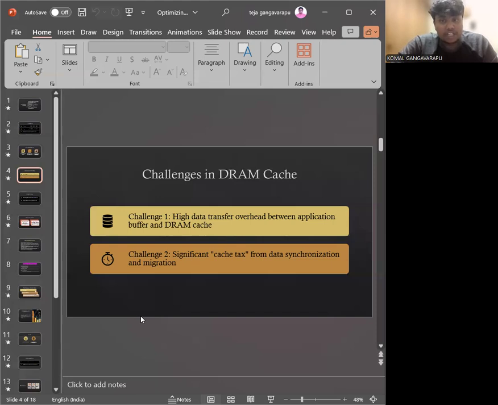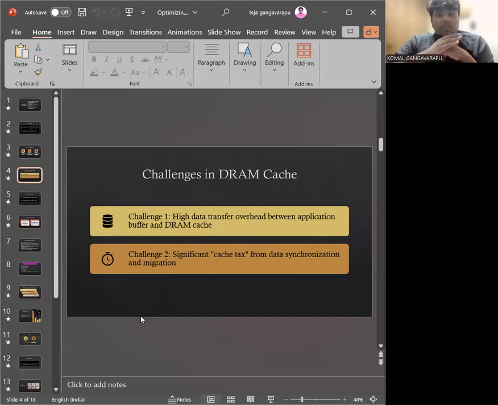In traditional DRAM cache setups, data must be frequently moved between the two components to ensure that the most commonly accessed data resides in the faster DRAM cache. The movement is necessary to capitalize on DRAM's high-speed access capabilities, but it comes at a cost.